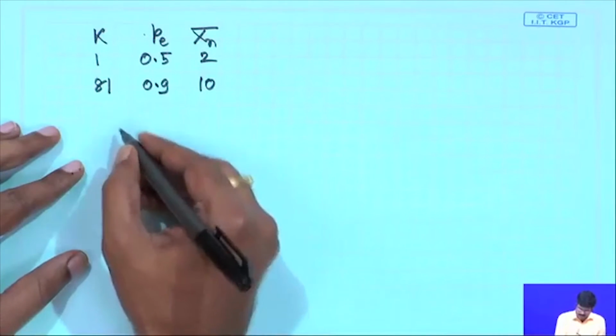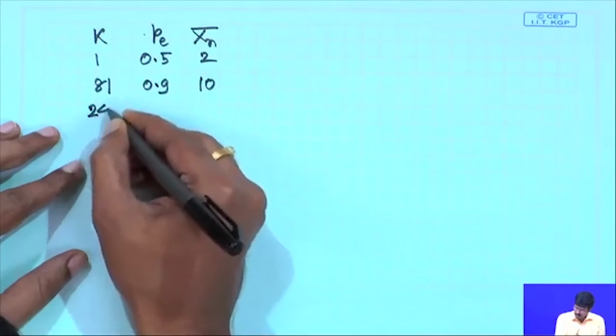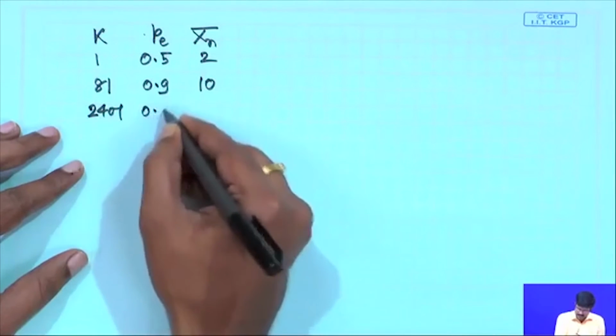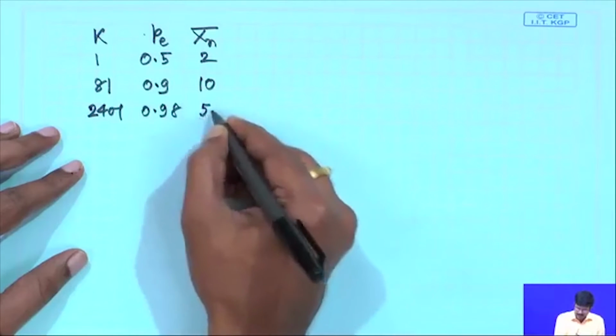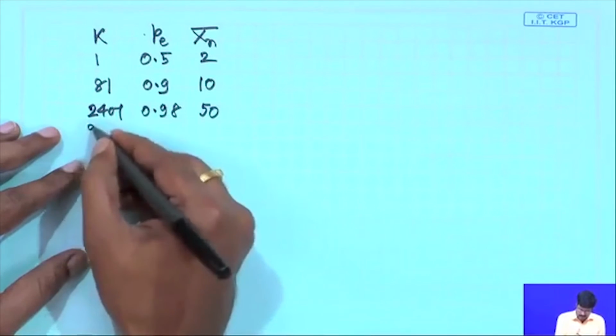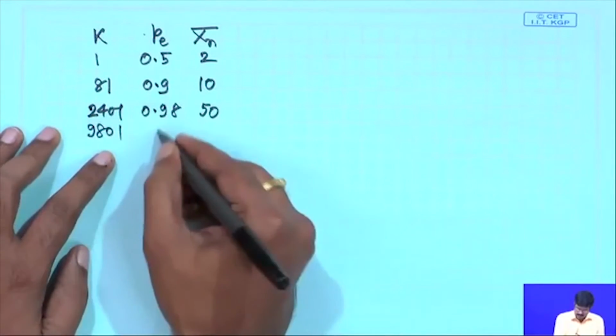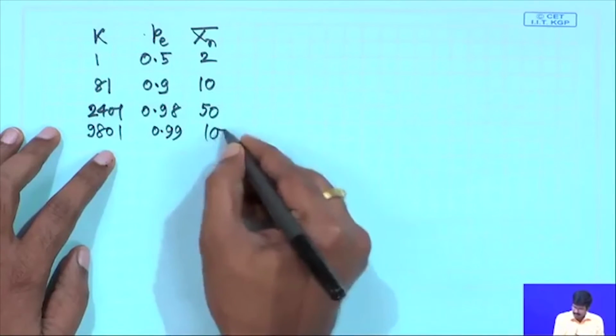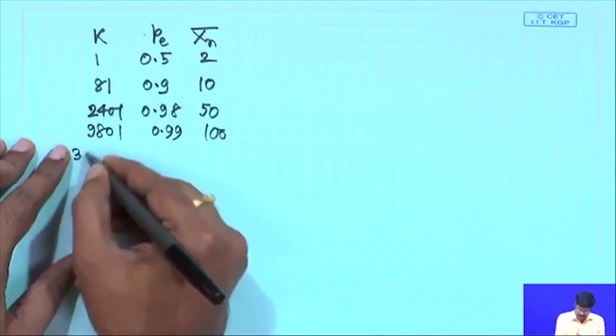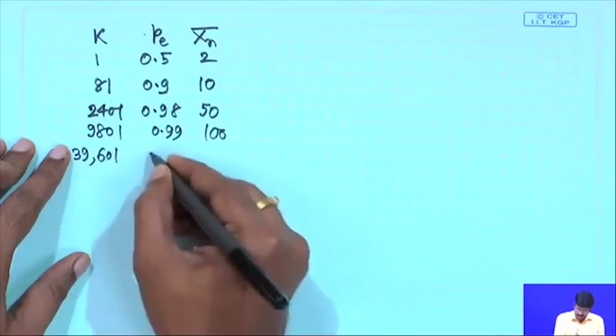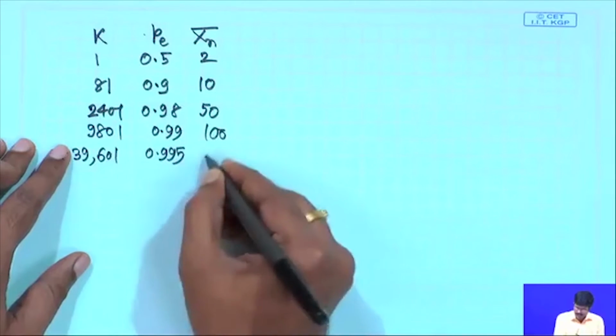If your k is 2401, then 98% of the reaction will occur at equilibrium, Xn bar will be only 50. 9801, 99% of reaction, Xn bar is 100, it is becoming reasonable. 39,601, 0.995, Xn bar is 200.